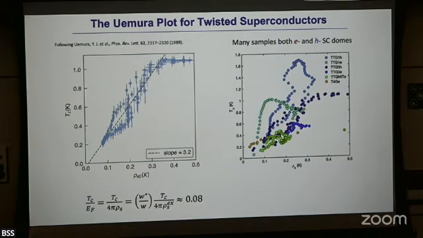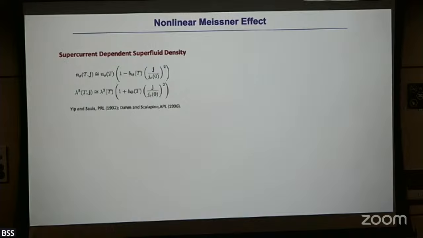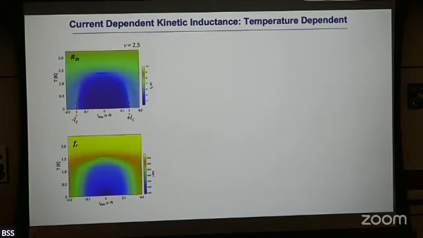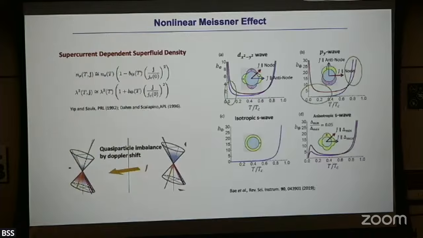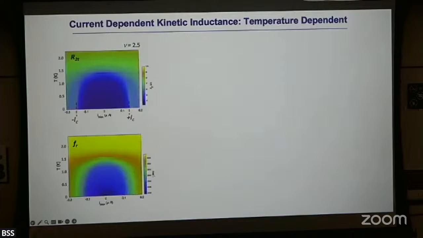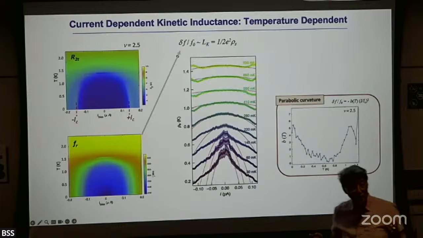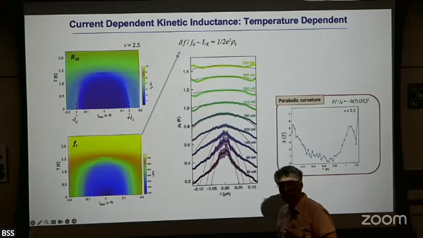I'll skip this part, but let me show you one more thing, related to what I mentioned last time. Our measurement can be done in a controlled way. We can do this inductance measurement in the presence of current flow.